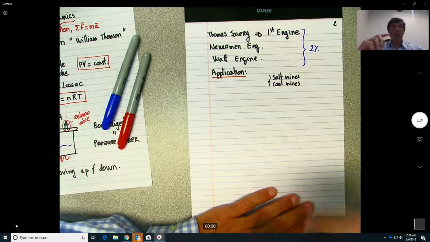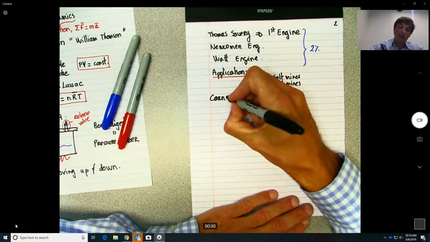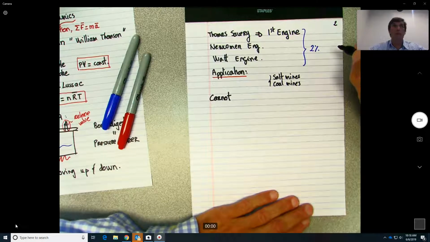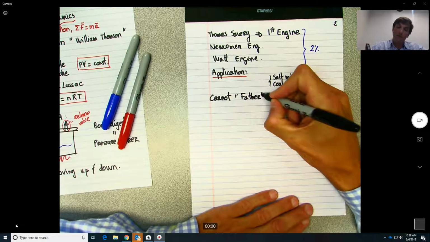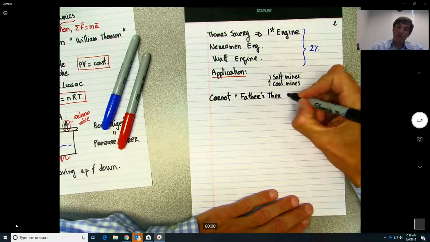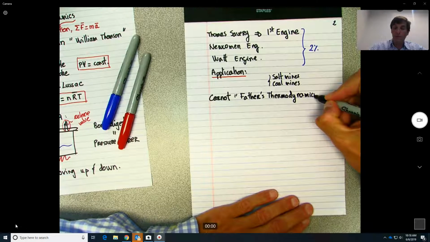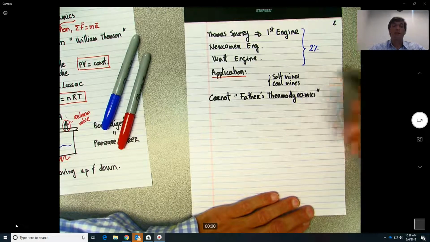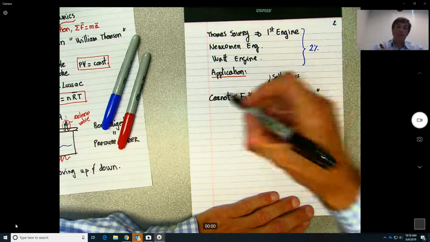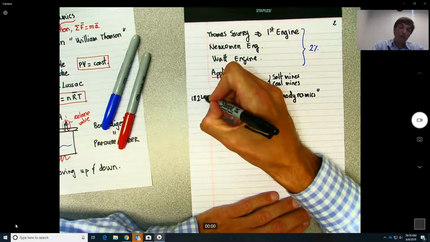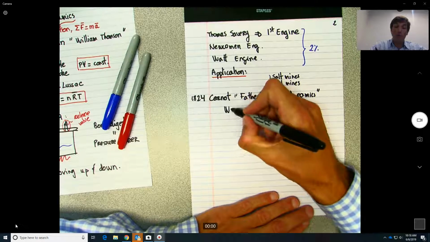Okay, so maybe one of the first ones, known as one of the fathers of thermodynamics, is Carnot. So you will see later on there are different Carnot principles, but basically what he did, and that was around 1824, is the first one that actually introduced the term work.